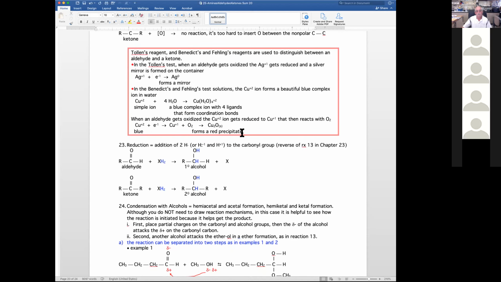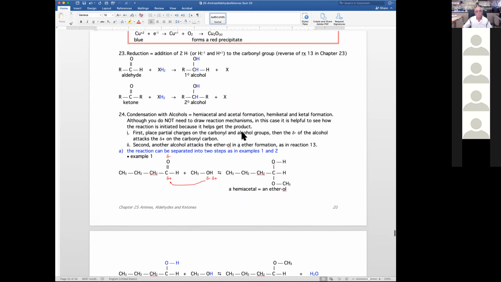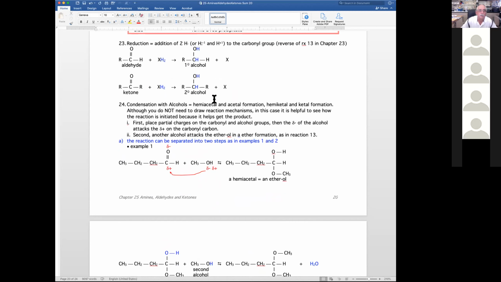And then aldehydes and ketones can be reduced. So here is XH2. What does XH2 want to do? Turn into X. So it needs to give its hydrogens to somewhere. It's going to give them to the functional group, because hydrocarbons are inactive.